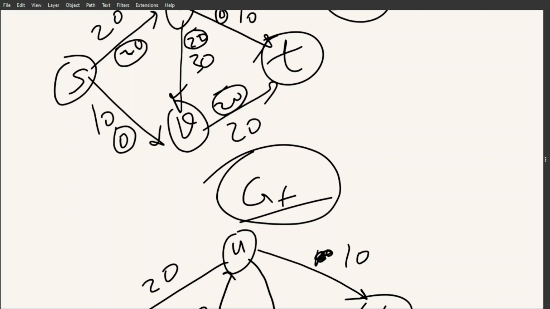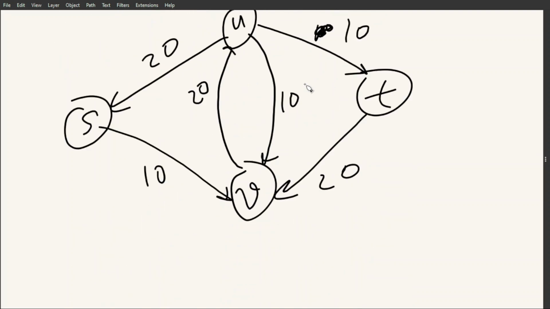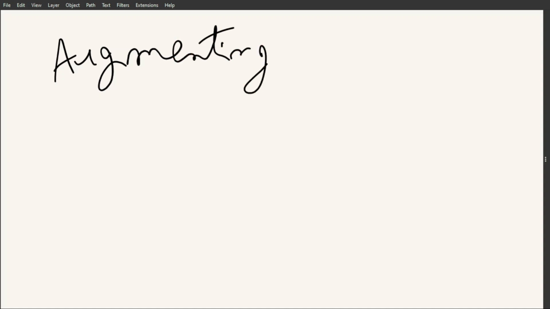So now what we do is we define an operation called augmenting paths in a residual graph.